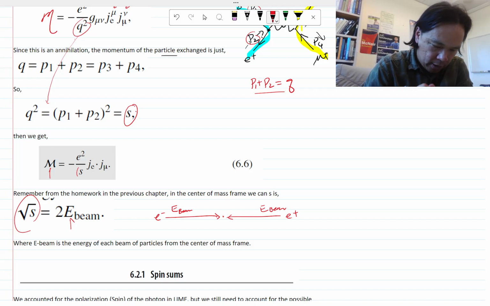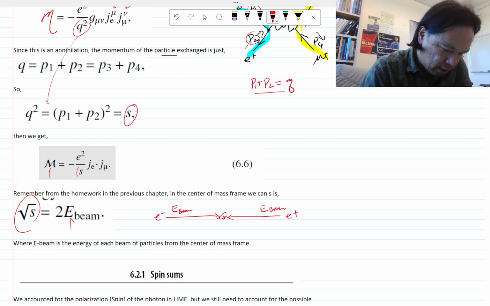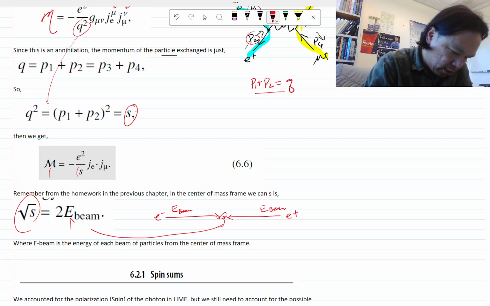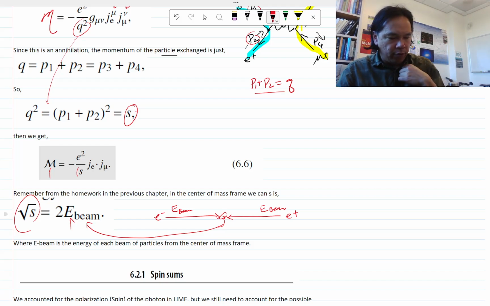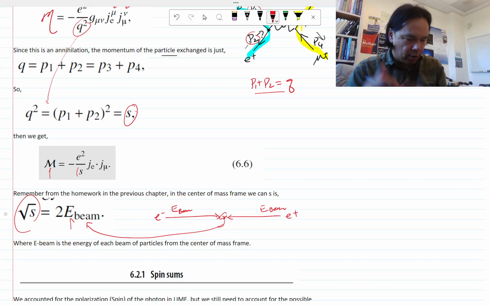The two energies have to be the same, otherwise you're not in the center of mass frame anymore. When they collide, the amount of energy in these two beams is just twice the energy of each of the electrons.